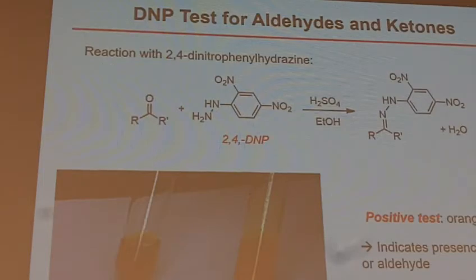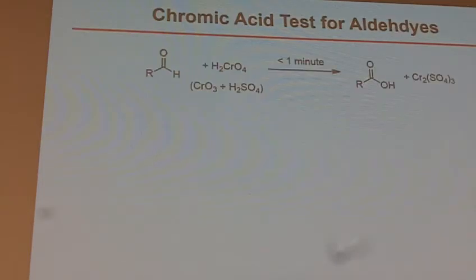The next test you would do, if you get a positive result, is to determine whether we have a ketone or an aldehyde, because all you have figured out with the DNP test is that you have a ketone or an aldehyde. The chromic acid test will give you that information.